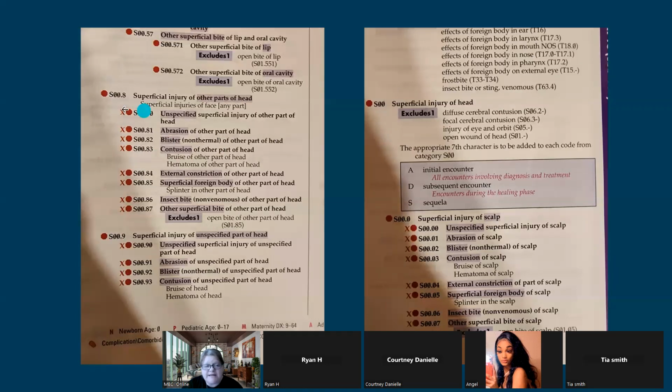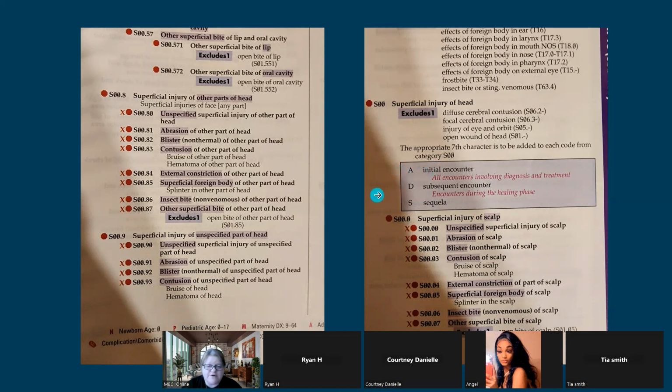If you go to the beginning of this section, S00, superficial injury of head, you're going to see this little purple box. A, initial encounter. D, subsequent encounter. S, sequela. The A, initial encounter, is going to be used if this is the first time, the only time they've ever had this type of encounter, because they have this for all types of things, okay?